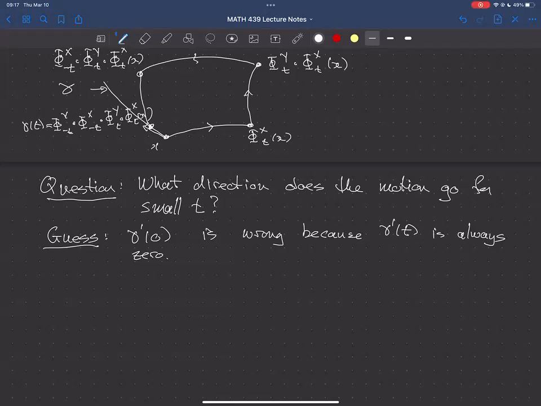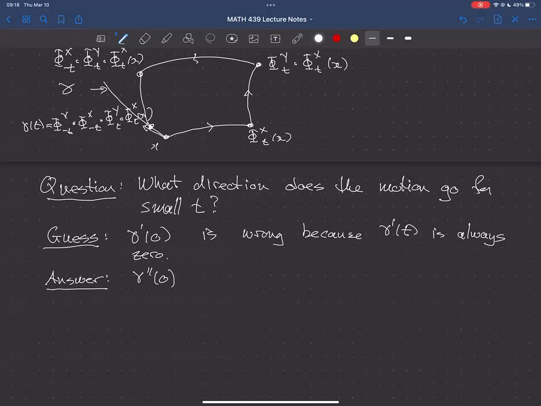So the second derivative contains the same information in cases where the first derivative is equal to 0. So you can take the second derivative, and I'm going to call that gamma double prime of 0.